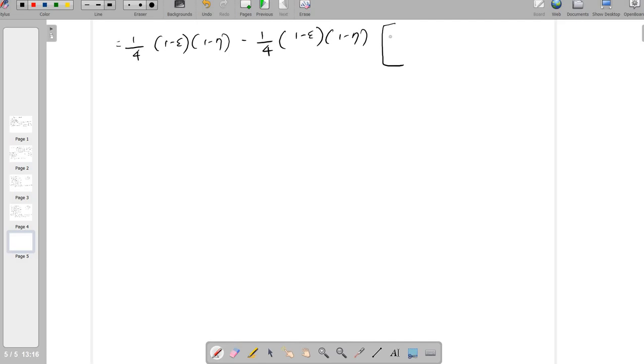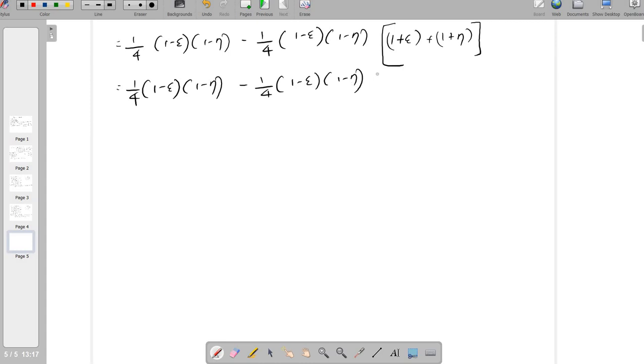The first term will remain 1 plus epsilon, the second term will have 1 plus eta. So if you combine, 1 by 4, 1 minus epsilon, 1 minus eta, minus 1 by 4, 1 minus epsilon, 1 minus eta into 2 plus epsilon plus eta.